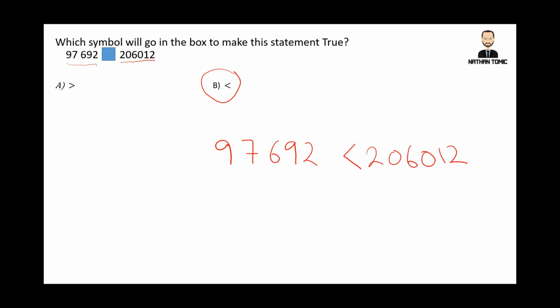Or we could technically read it the reverse and say 206,012 is greater than, because we've got the greater than symbol, if we look at it that way, 97,692. But because we tend to read mathematical equations from the left going across to the right, we'll stick with the idea that this is the less than symbol, which means 97,692 is less than 206,012.